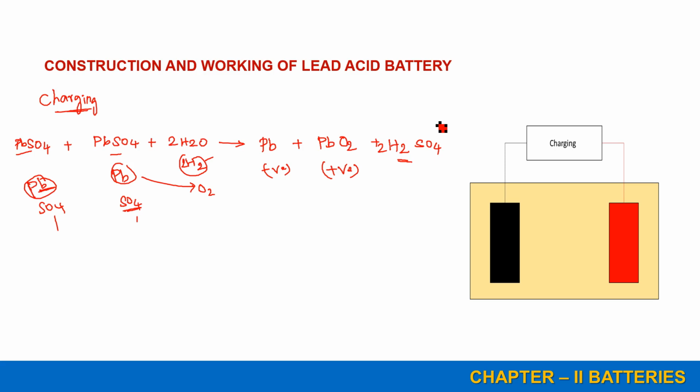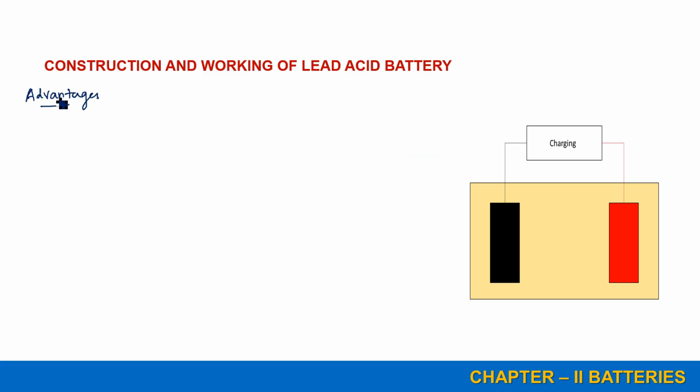So here a lot of advantages and disadvantages are available. What are the advantages of the lead acid battery? I will explain. It is less dangerous than others, so it is very safe, and then all parts are available in abundance.